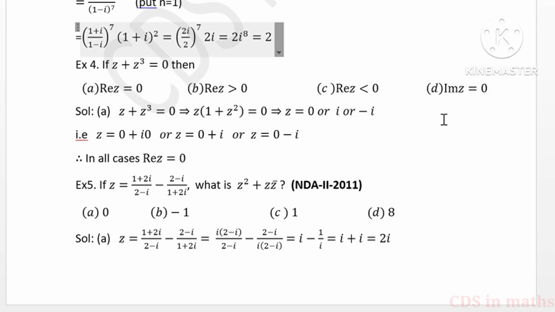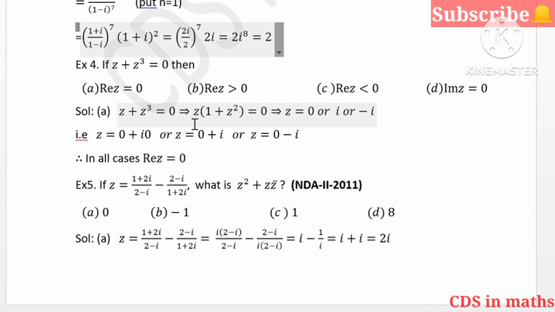Now this is another question. The information given is this. If z plus z cube is 0, then which of the following is correct? So let's start with the given information. z plus z cube is 0. If I take z common from the left side, (1 plus z squared) into z is equal to 0.